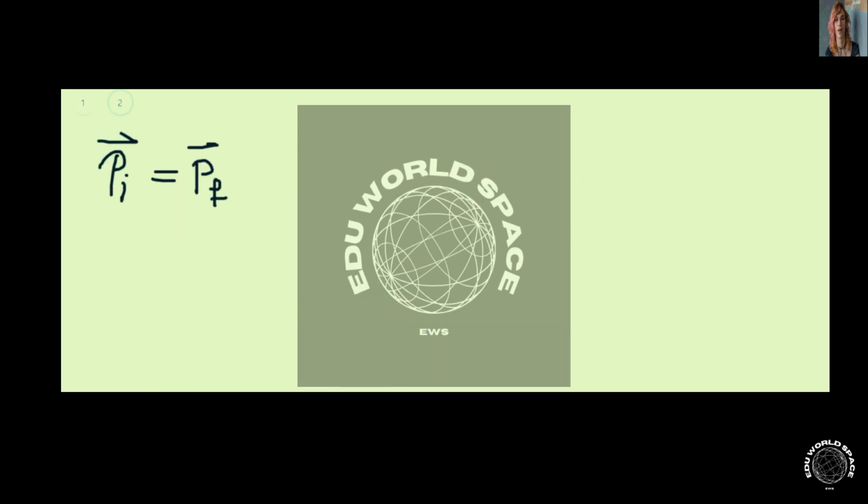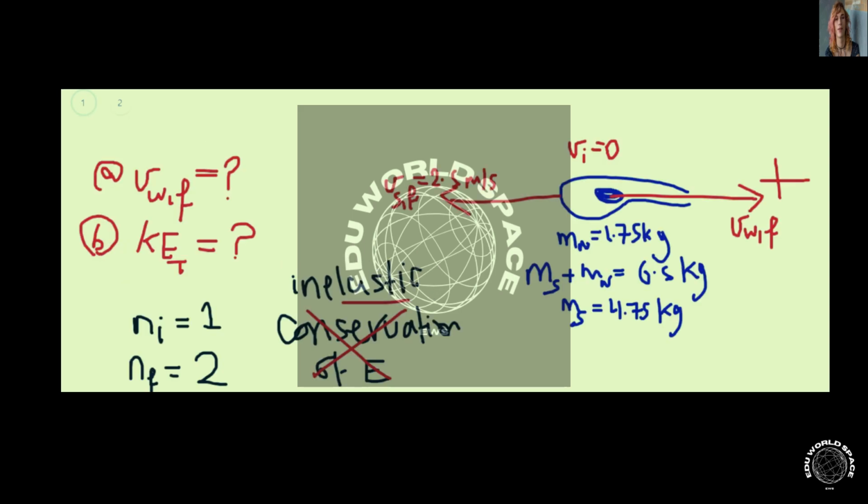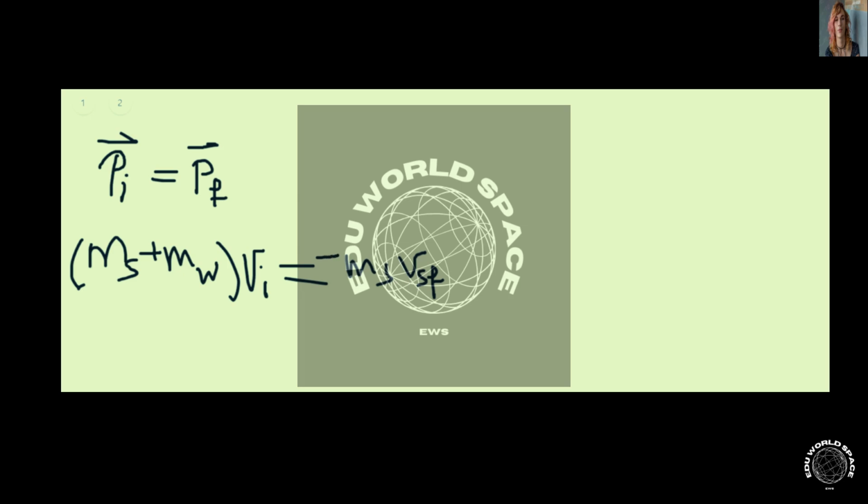So initially, I have the squid plus water. They are one object moving with the same speed, the initial speed. Yes, I know it's 0 for this problem, but I will write it to begin with. That is equal to the mass of the squid times the speed of the squid final, and we know it's going in the opposite direction of my positive, so it's going to be a negative value here, plus the mass of water times V of water final.